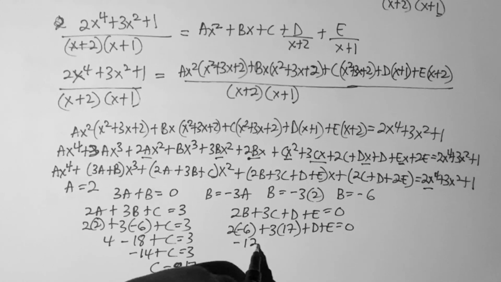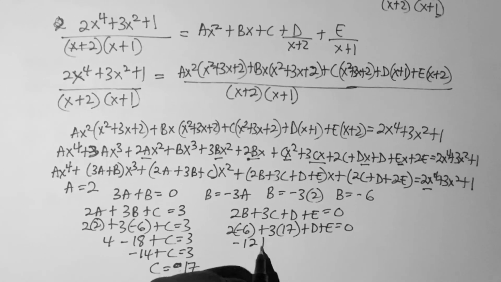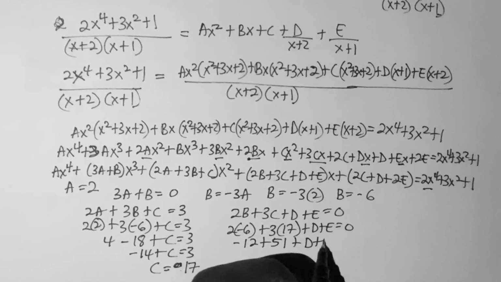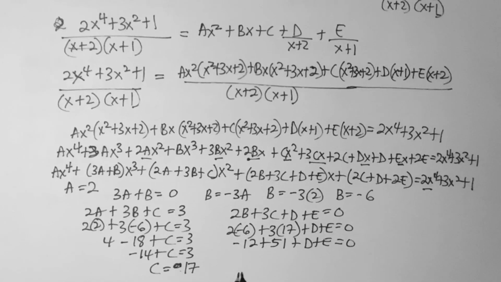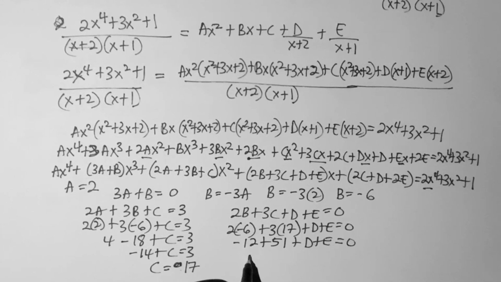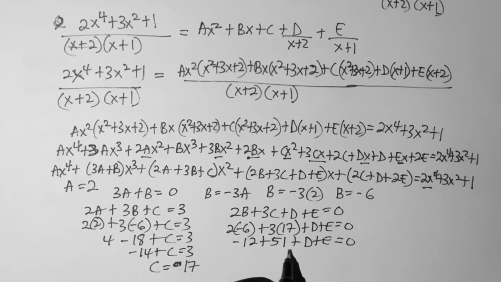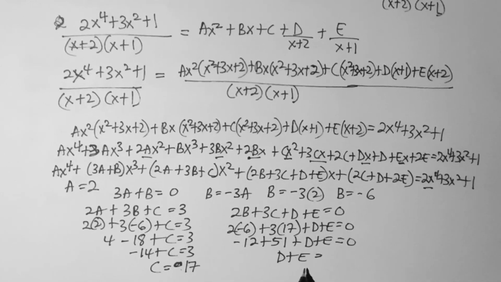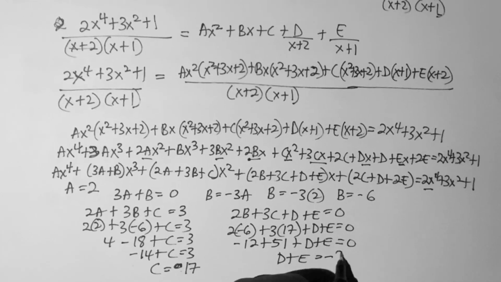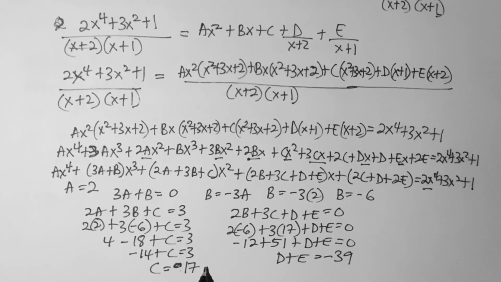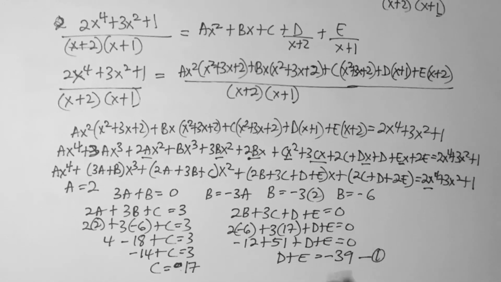So minus 12, then 3 times 17 is 51, plus 51. Then plus d plus e is equal to 0. So if you add this, you get 39. So d plus e is equal to minus 39. So let's write this as equation 1.